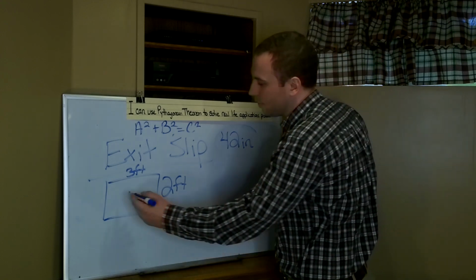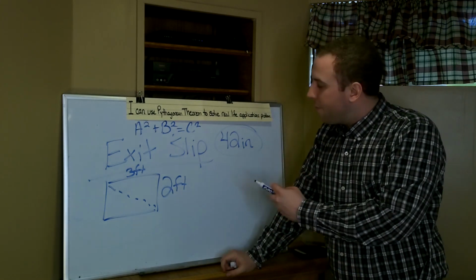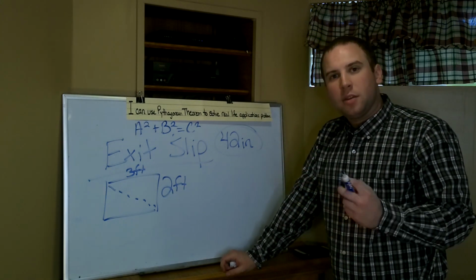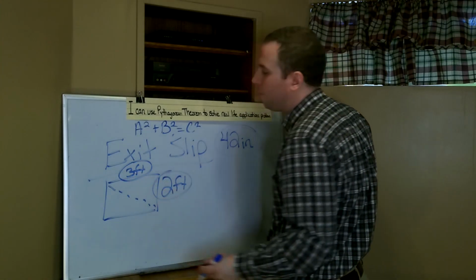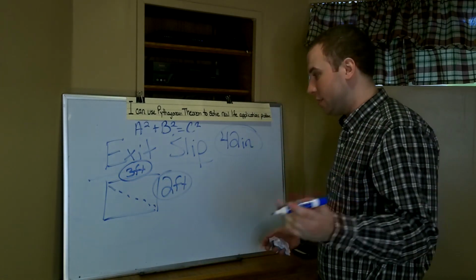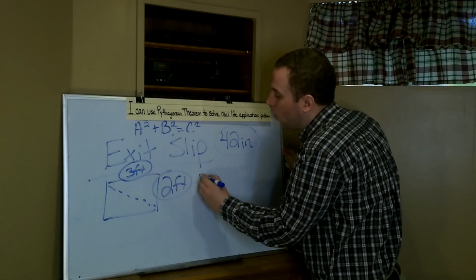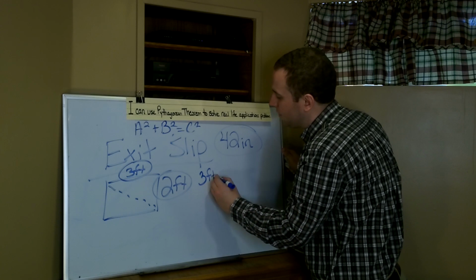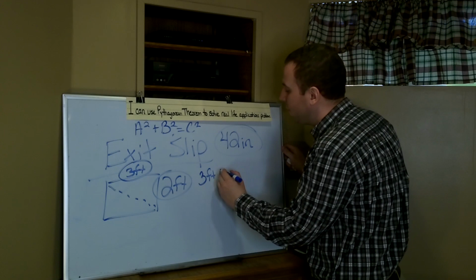All right. Well, first things first, we have a problem here. We have feet and we have inches. So, the first thing we need to do is take 3 feet and 2 feet and convert them into inches. So, in doing so, we know that 3 feet, how many inches are in a foot? 12 inches in a foot, you are correct.